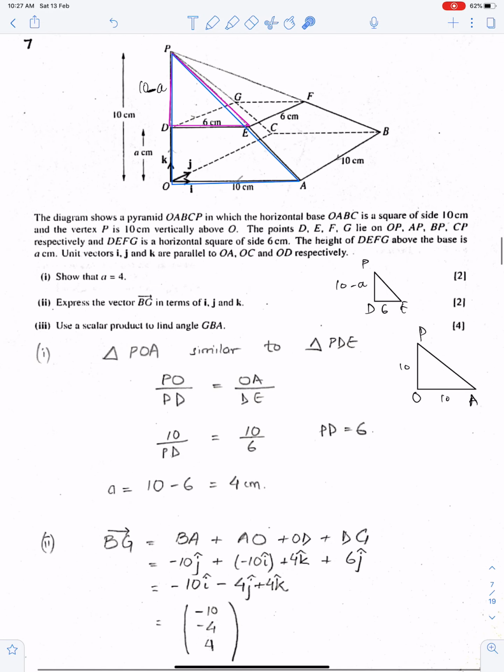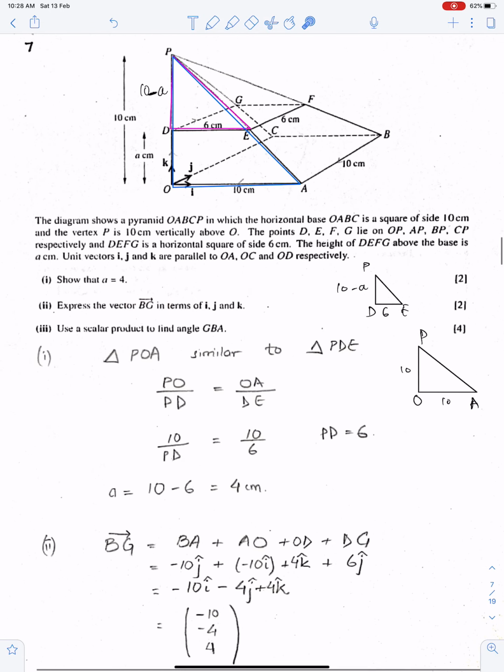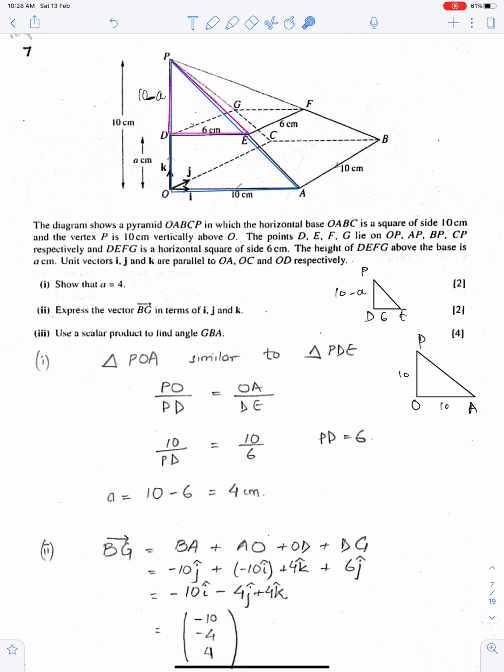Now, the next part is vector BG. I told you in my first lecture of this chapter that whenever we have diagram, then we always use head to tail rule, and we work either along or parallel to these directions to get the required vector. So to get the vector BG, we will use head to tail rule, and we will start from point B, the initial point, and I will work along or parallel to these directions to get vector BG. So see, this is vector BG.